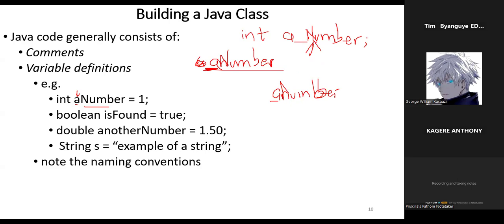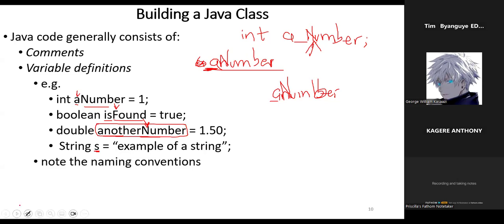That's why you see isFound, the F starts with a capital. anotherNumber, the N starts with a capital. But because s is the only word there, we don't capitalize it because that would change the meaning behind the variable name. The variable name, most of the time, should be in small letters. But we also allow camel casing or mixed casing like that.